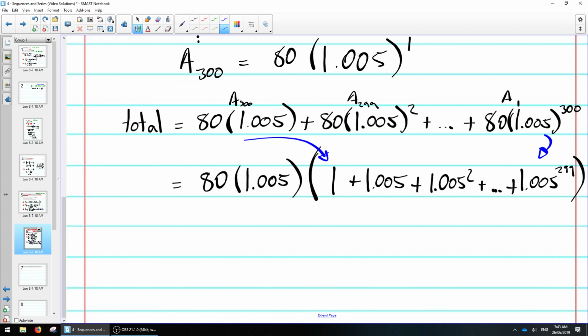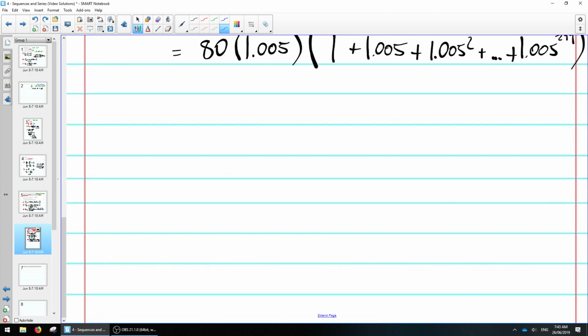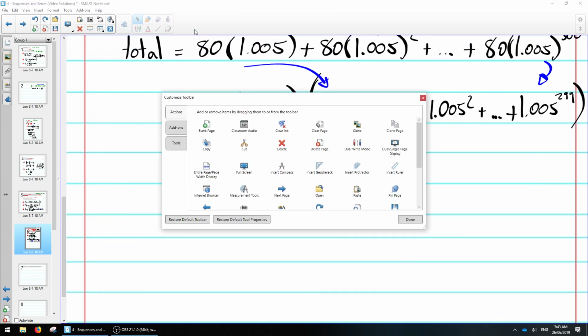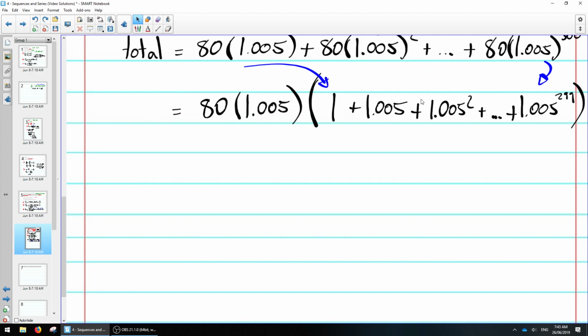And then in that second big bracket we see there, it's a geometric series. So here we have A equals 1, R equals 1.005, and N equals 300. Even though the highest power is 299, the lowest power is 0. Okay, so there are still 300 terms in there.